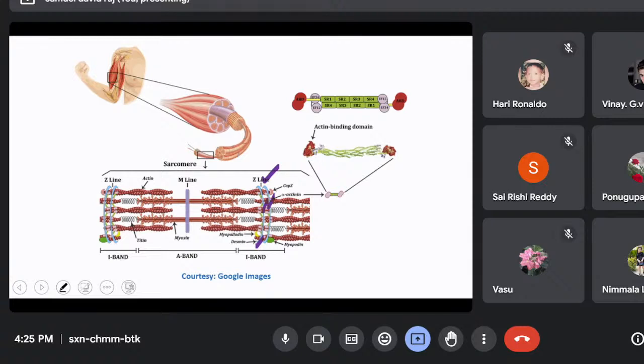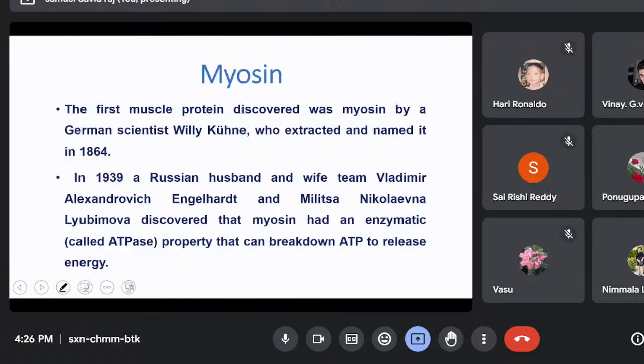In addition to this, there are so many other proteins, like myopodin, which is present between the myosin and the Z line, and there is an actin binding domain, and so many proteins involved. But actually, we are concerned with myosin, actin, tropomyosin, and troponin only for the process of muscle contraction.